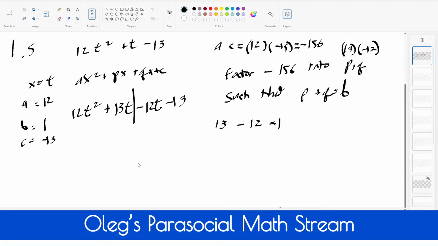All right? And in the first half of it, we can pull out a t. We have 12t plus 13. Let me write that a little better, it's just too messy. 12t plus 13. And in the second part here, we can pull out -1. That's 12t plus 13.